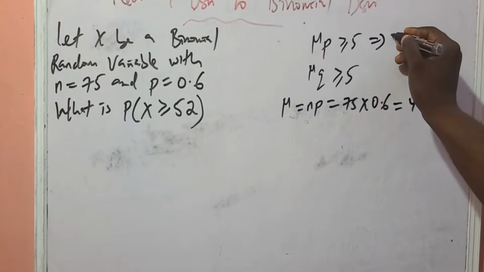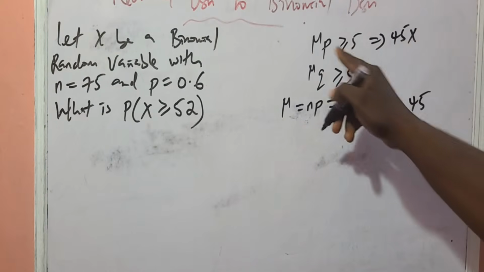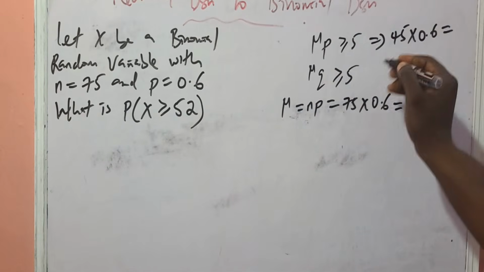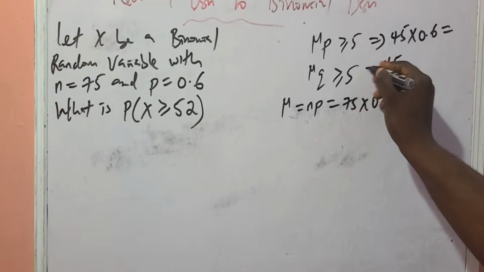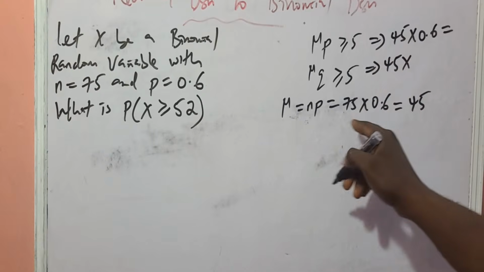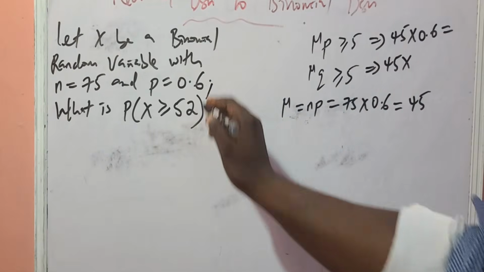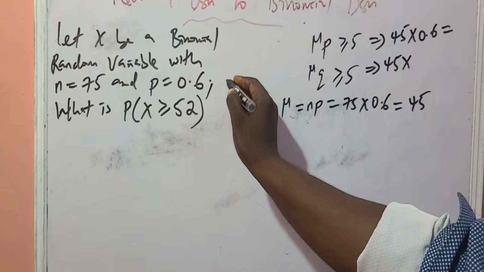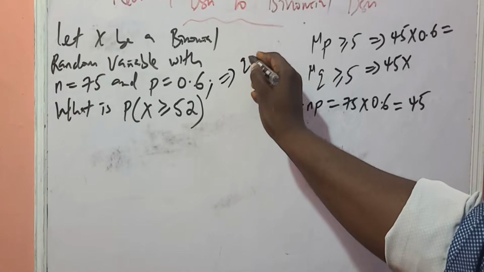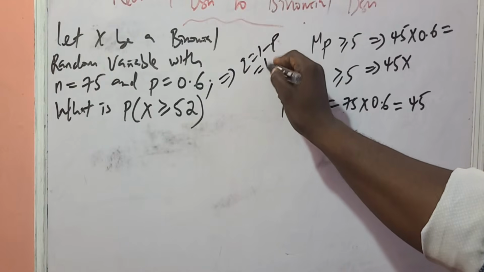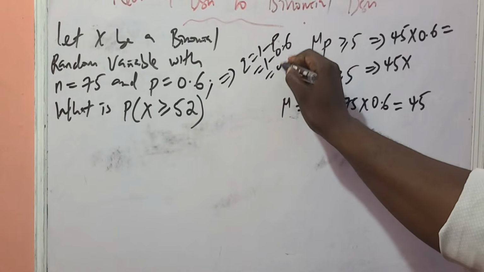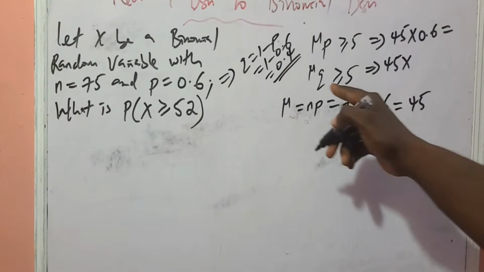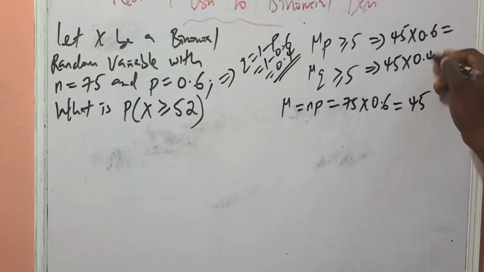Our mean 45 multiplied by p, 0.6. And then also we have 45, our mean, multiplied by our q. Of course, you can recollect that p plus q must be equal to 1. This means our q in this case is 1 minus p, which is 1 minus 0.6, which is 0.4. So that will be 45 times 0.4.